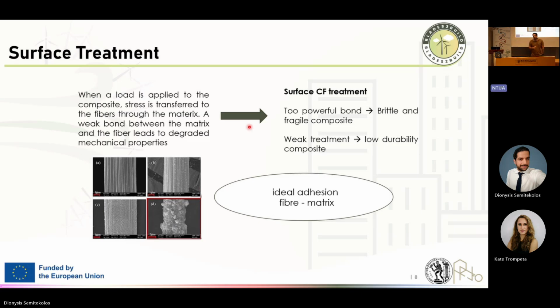If, on the other hand, we leave it, for example, for very few minutes or seconds, then we will not have any significant effect, and we will have a weak treatment, and so there will be no changes in the adhesion. That will also lead to a lower than intended durability in the composite.